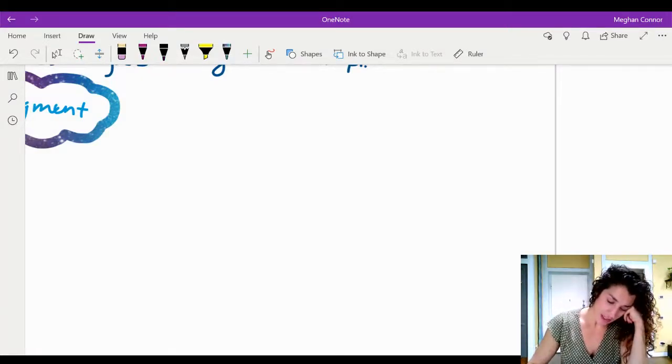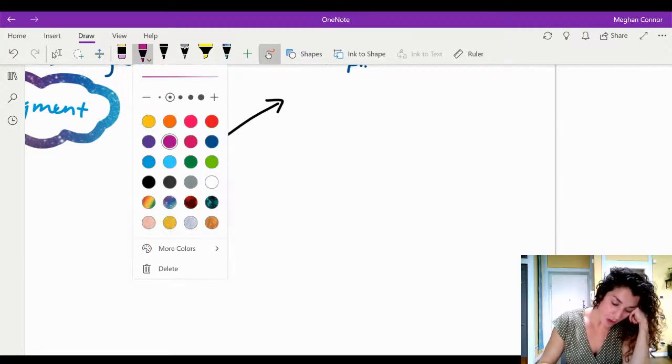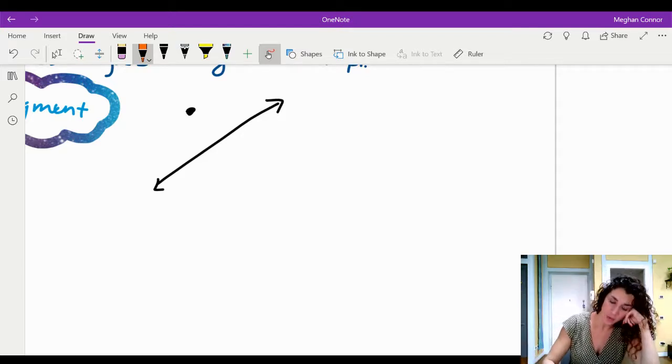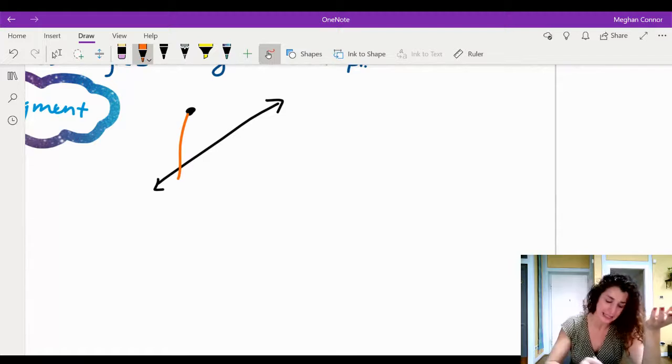So if I have a point right here and a line right here, the distance, if I were to ask you to just draw the distance between this point and this line, you wouldn't say, oh, that's the distance, right? That doesn't make sense in terms of the most efficient.